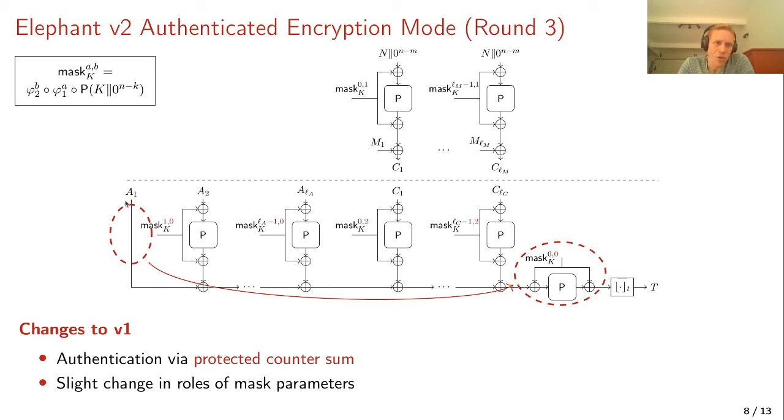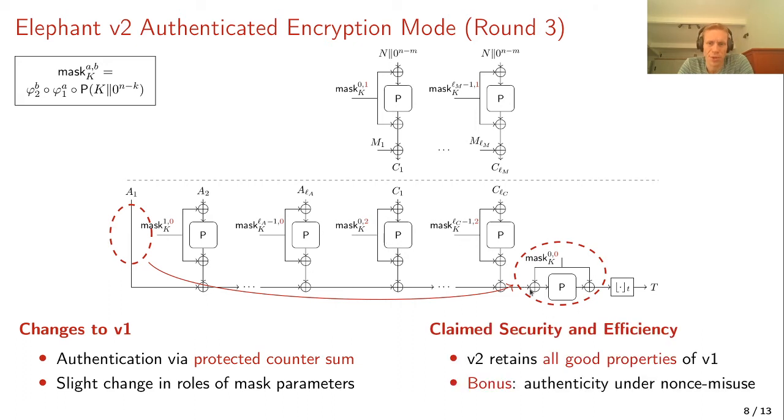The fact that we moved this primitive here is more subtle. The reason this is done is, as we claimed when we did this, that version 2 retains all good properties of V1, and in particular V2 still achieves authenticity and confidentiality under nonce-respecting adversaries.